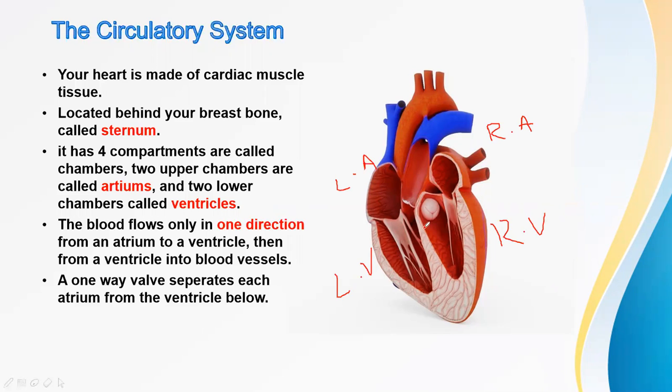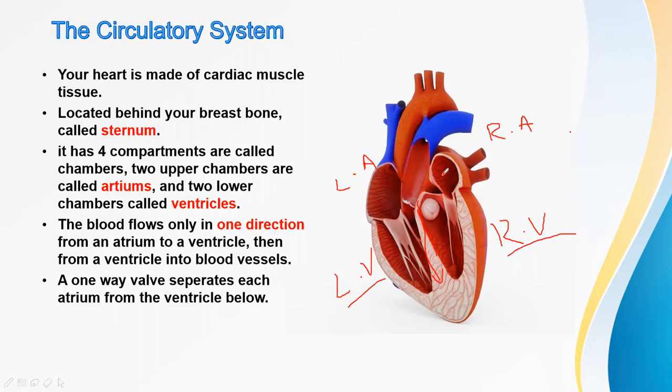So there is a wall inside of your heart which separates left atrium and right atrium from left ventricle and right ventricle. So this wall makes the chambers inside of your heart.